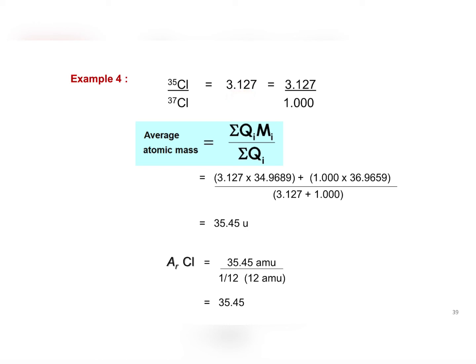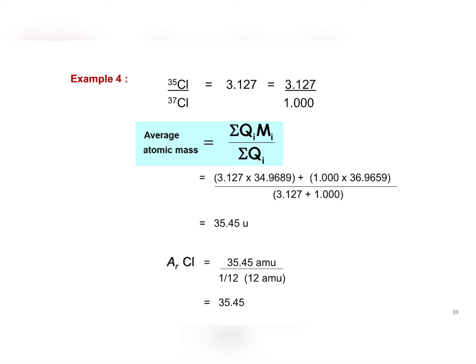And then when you calculate the average atomic mass, this will be the abundance for chlorine-35, and this one will be the abundance for chlorine-37. No problem, you just put them into the formula.